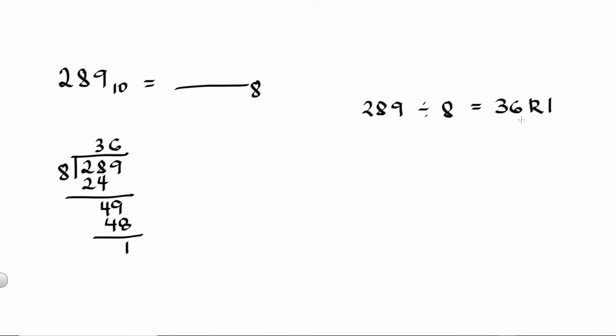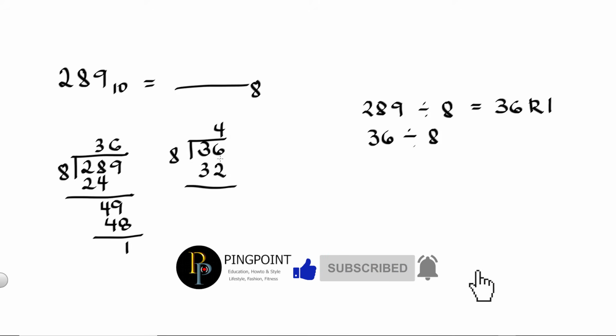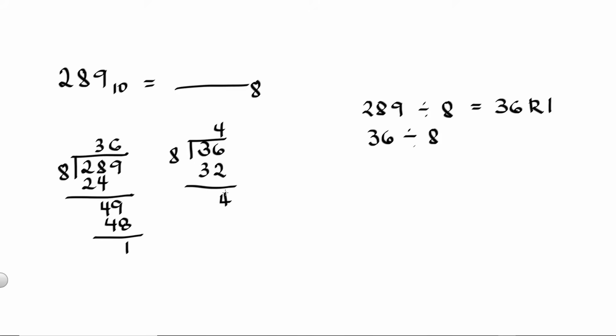Then we take 36 and divide it by 8. So 36 divided by 8 is equal to 4. 4 times 8 is equal to 32. Then 36 minus 32 is equal to 4. So the answer is 4 remainder 4. Then again, we take 4 and divide it by 8.